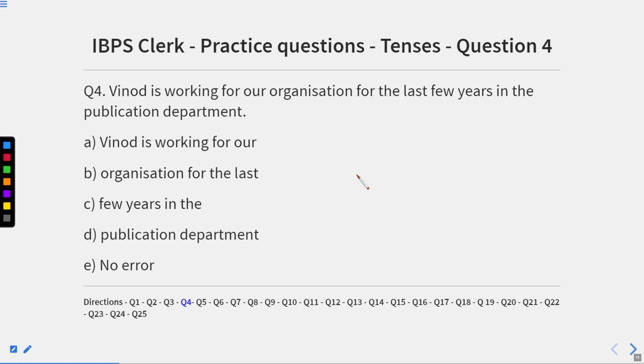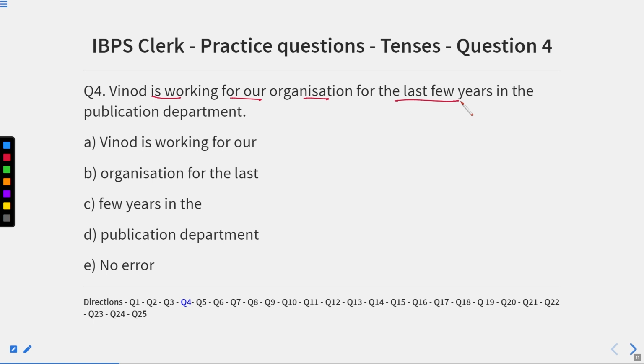Vinod is working for our organization for the last few years in the publication department. Now look at the sentence carefully. Vinod is working. Now here it is written is working. It means the work is going on right now. For our organization for the last few years.